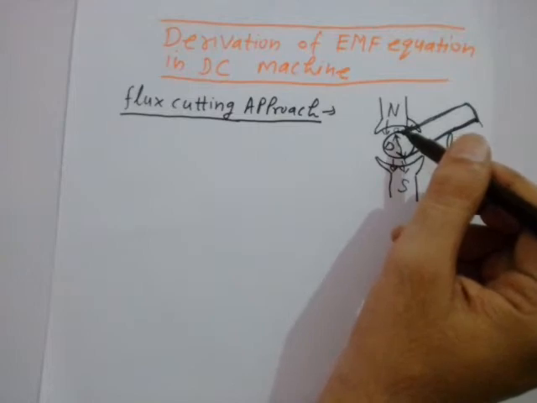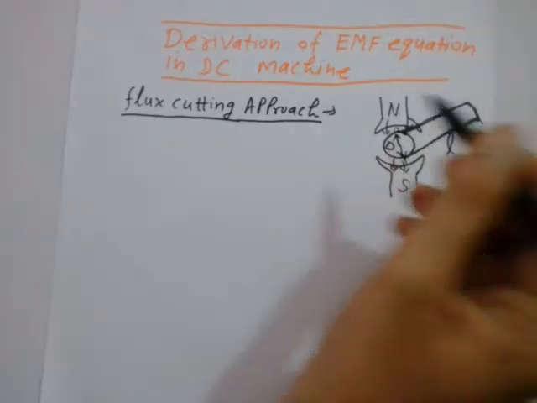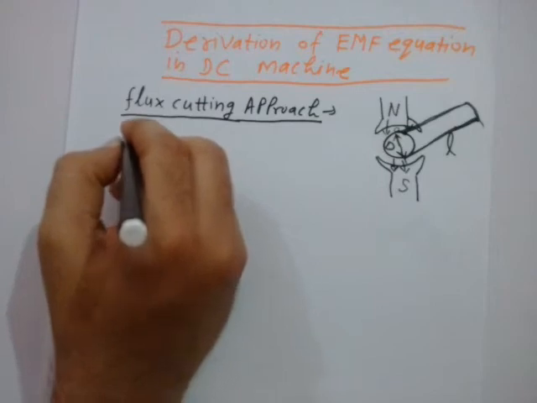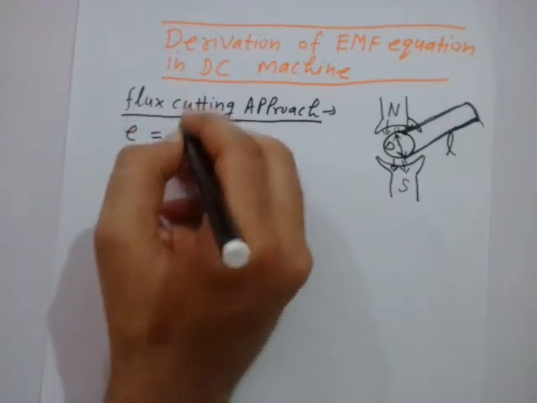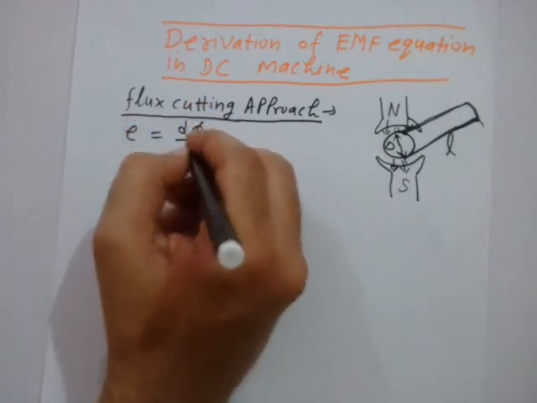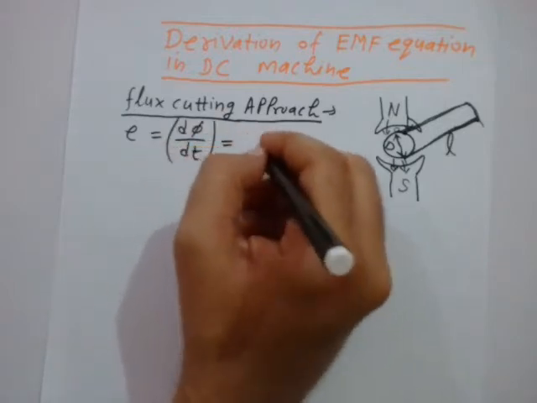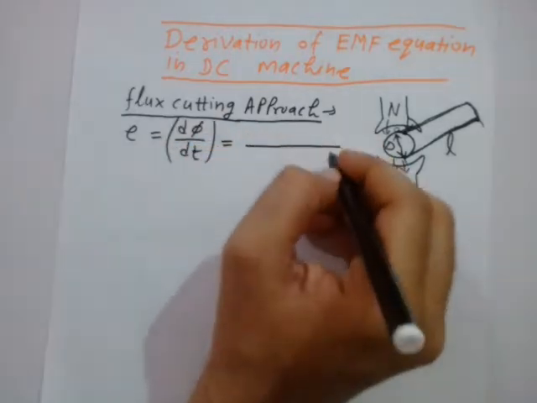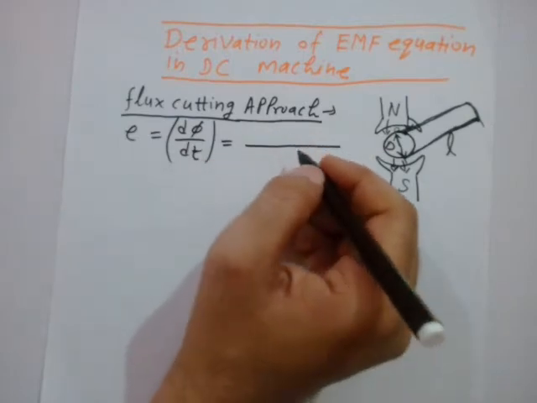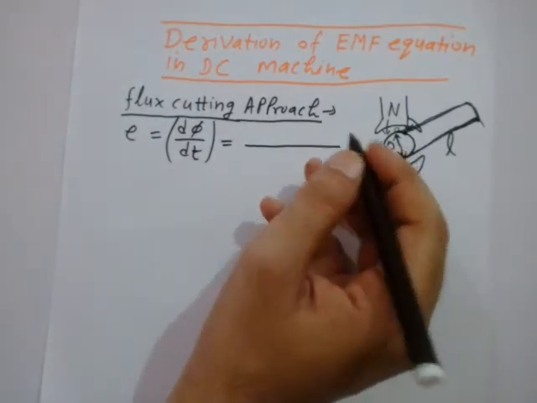I have already explained the direction, which you can determine by Fleming's right hand rule, in the DC generator operating principle. So the magnitude of induced EMF is given by d phi by dt, the basic relation.